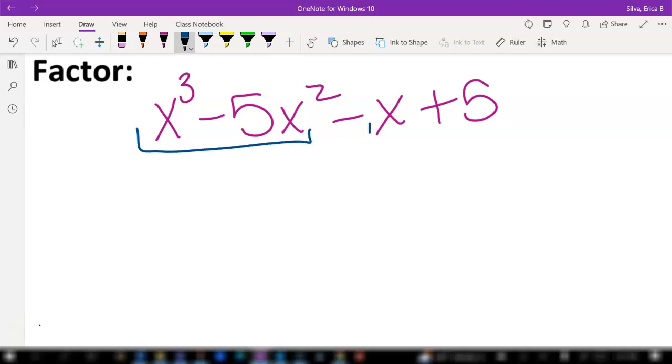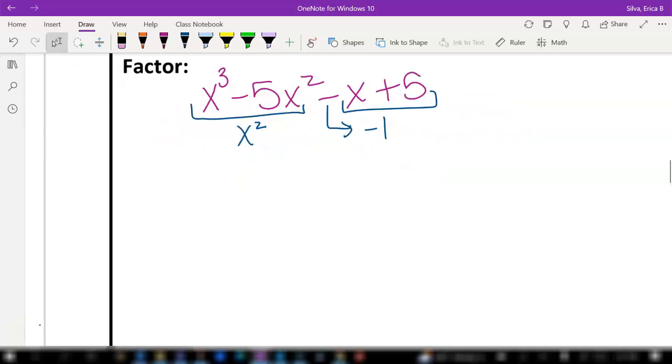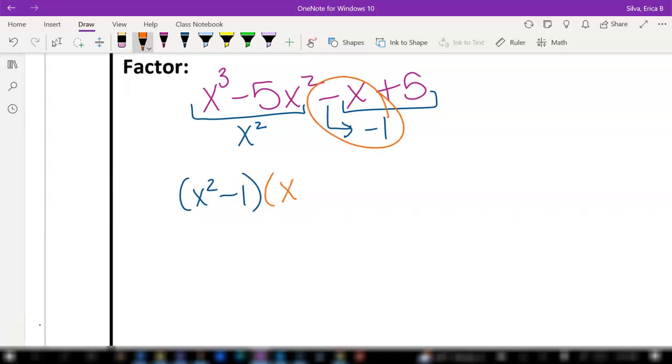So we're going to group these two and these two. We've got x squared here. My next GCF is -1. So our first factor is x squared minus 1. Then we're going to divide to get our next factor. This gives us x, and this is -5.